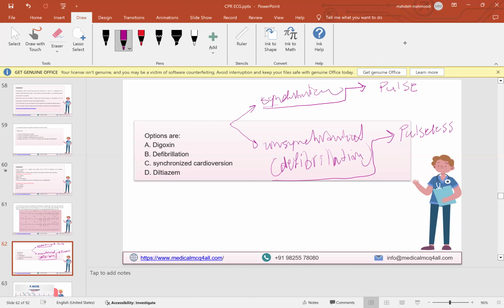I'm not telling you all pulseless patients need defibrillation or all patients with a pulse need synchronized cardioversion. I'm saying that in a pulseless patient, do not give a synchronized cardioversion, and in a patient with a pulse, never give an unsynchronized cardioversion or defibrillation. Is it clear?